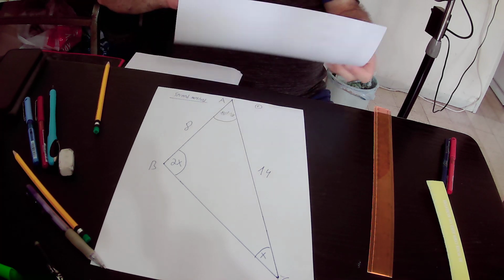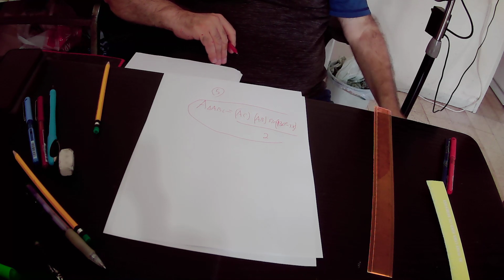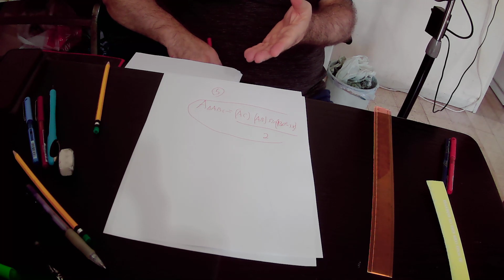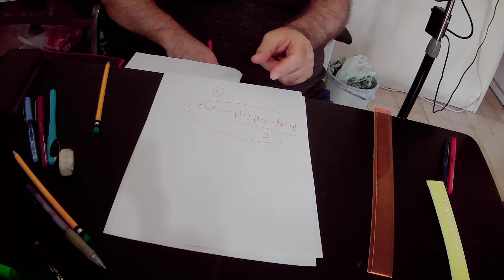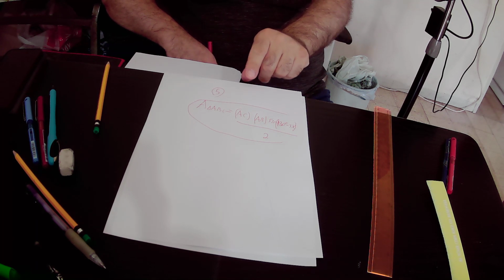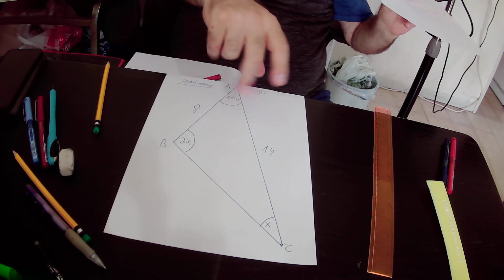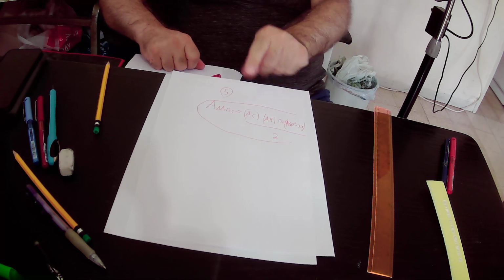Again, we implement rule number 4 in our triangle ABC: the area of any triangle equals the multiplication of two sides, one by the other, times the sine of the angle between those two sides. That is, the sine of the angle between side AB and side AC is sine of 180 degrees minus 3x.